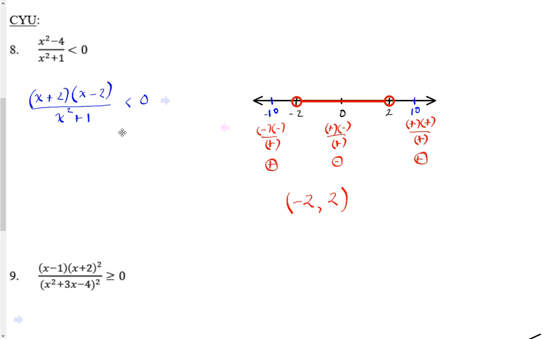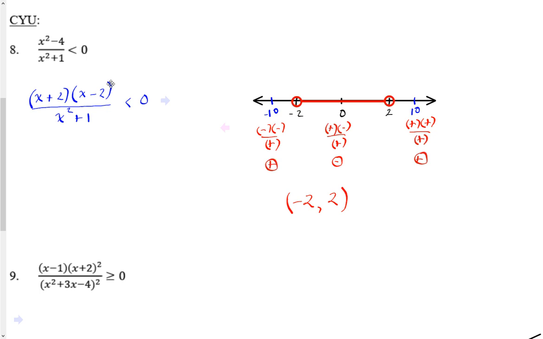Now I put a 0 just in between the -2 and +2 and use that as one of my test points. And here you can see that I've shown down here, if I plug in the -10, -10 minus 2 or +2 is negative. That's where this negative comes from. -2 is also negative, so they're both negative factors in the numerator.